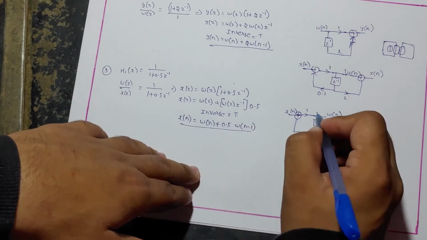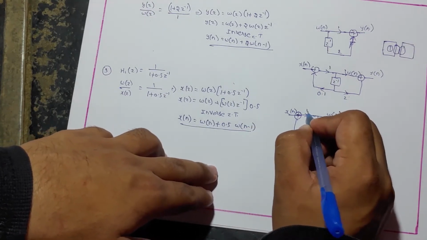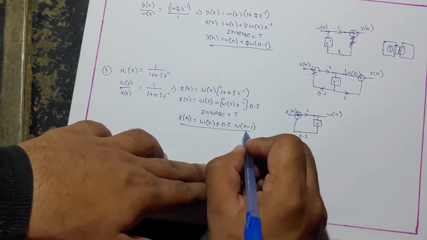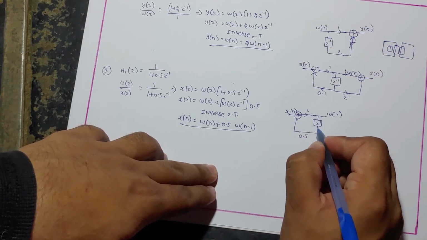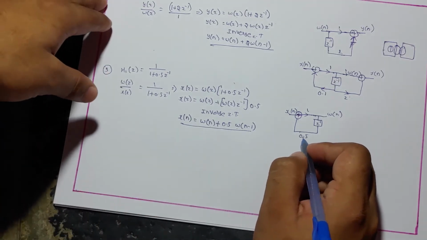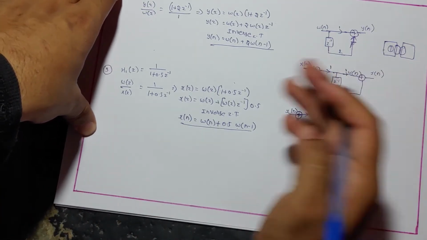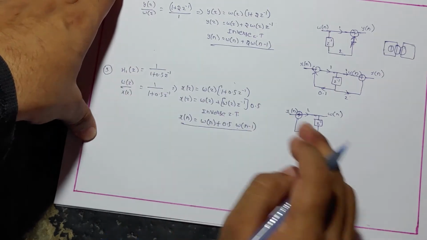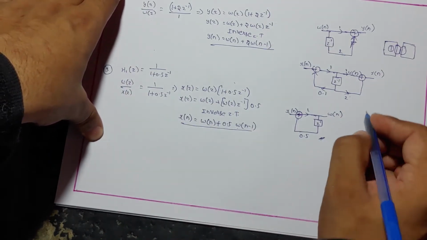Here this w of n would be multiplied with 1, and this w of n minus 1 would be obtained by a delay element here and multiplying with 0.5. As there was no numerator in this third set, we will end up with this set.